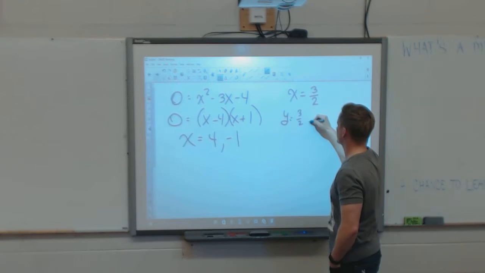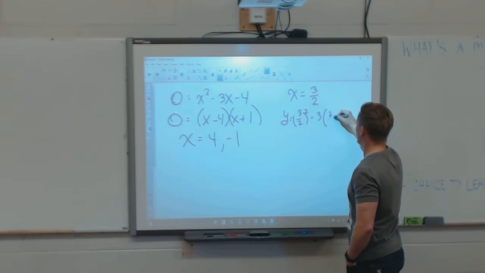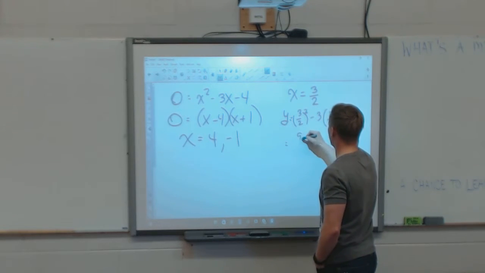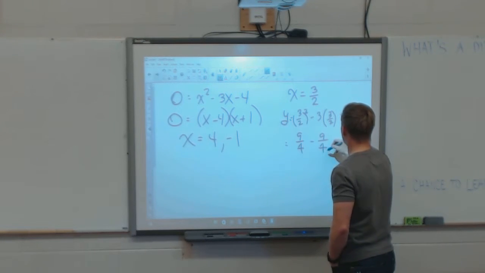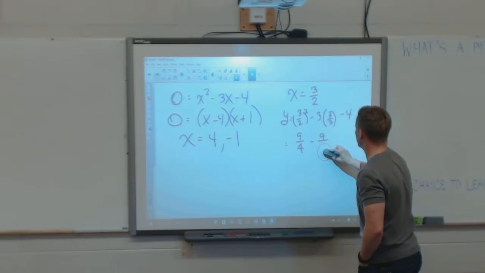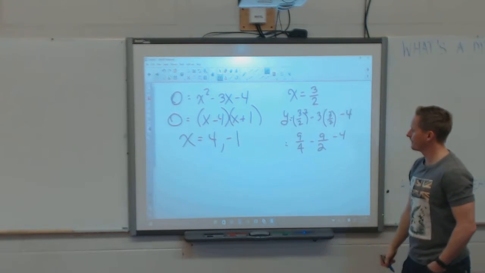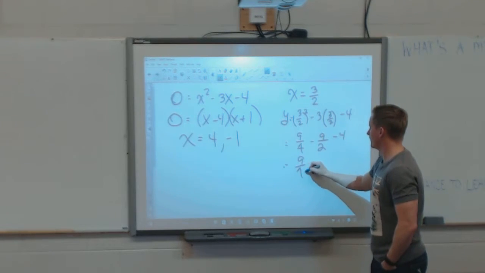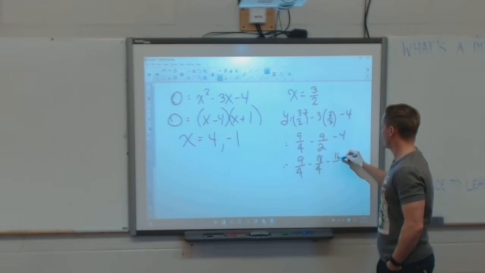So I got 3 over 2 squared minus 3 times 3 over 2 minus 4 equals 9 over 4 minus 9 over 2 minus 4, right? Common denominator, 4, so 9 over 4 minus 18 over 4 minus 16 over 4.